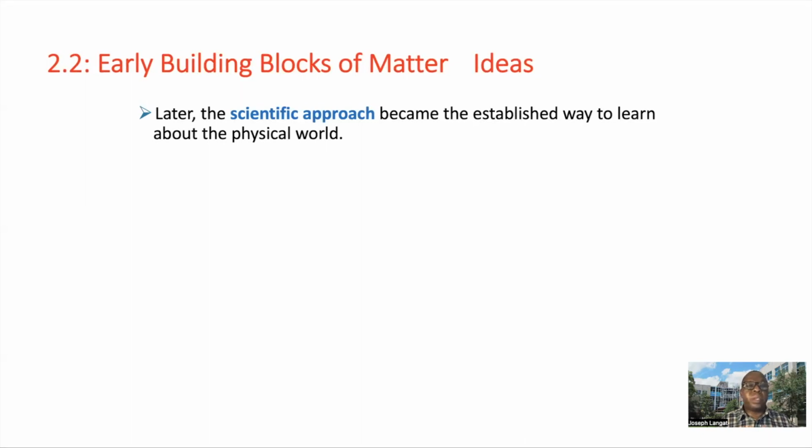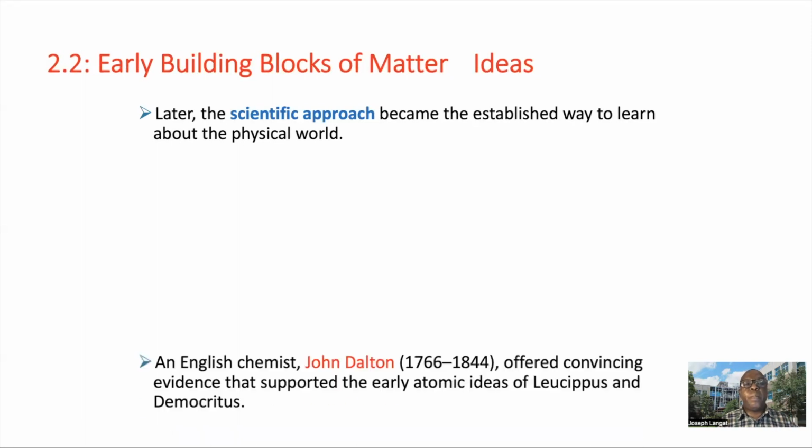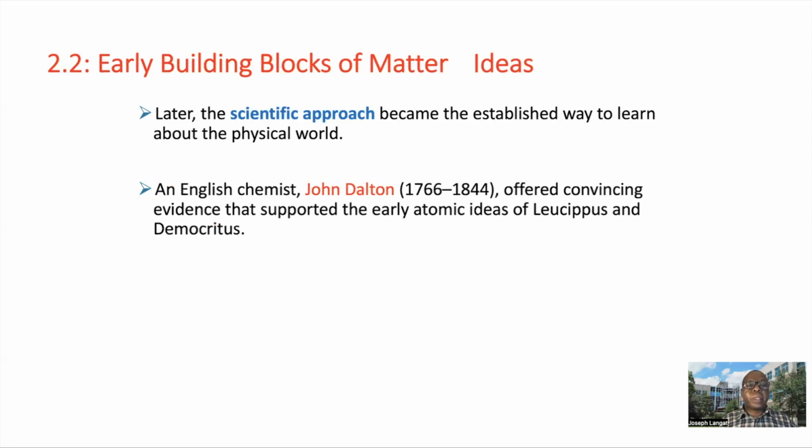Remember, they were just speculating what matter was really made of. Now, an English chemist, Dalton, from Dalton's atomic theory in the early 19th century, offered convincing evidence that supported the early atomic ideas of the indivisible, dead end of matter, which we call the atom.